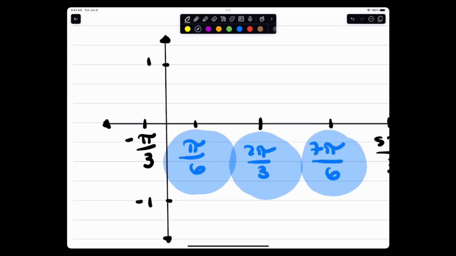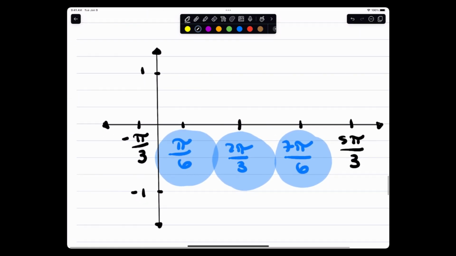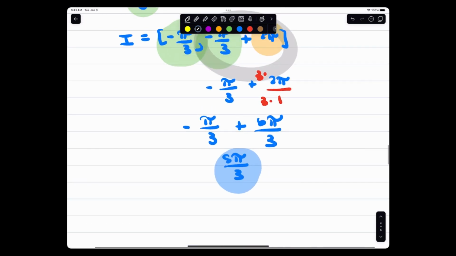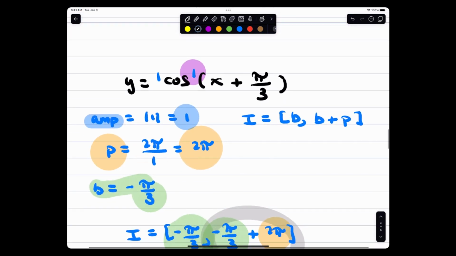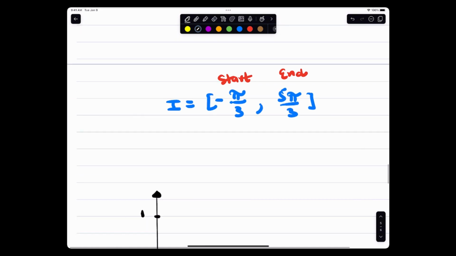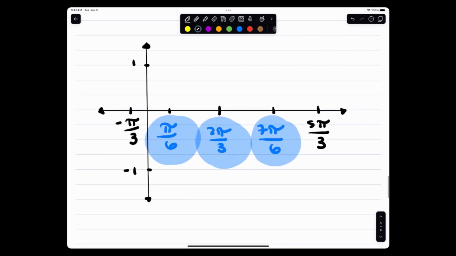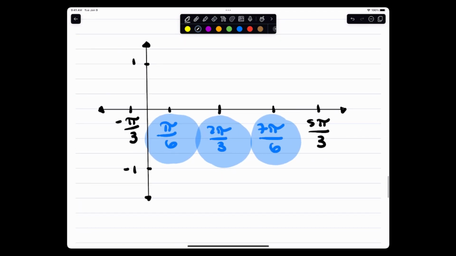That's your y-axis. And what kind of curve did they give us? What was that anyway? That was going to be what? Cosine. How does cosine behave? Where does it start? So at negative pi over 3, it actually starts right here. I'm going to move that 1 out of the way, okay? You're over here, 1.